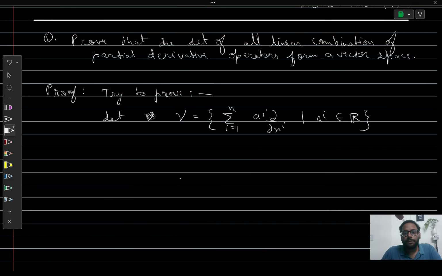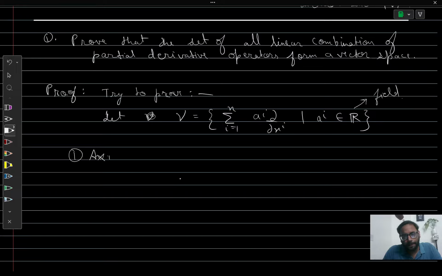So let this vector space be the linear combination of these partial derivatives such that these scalars ai belong to R, the real numbers, and this is my field. So it is defined over the real numbers.